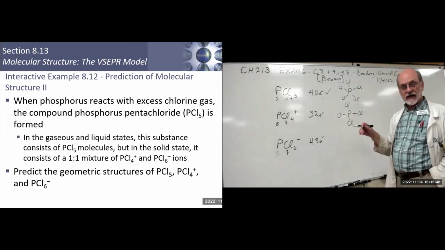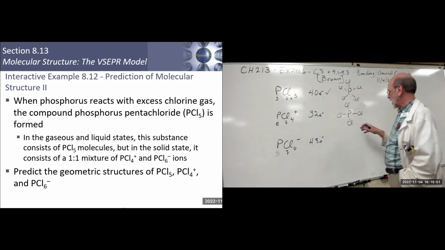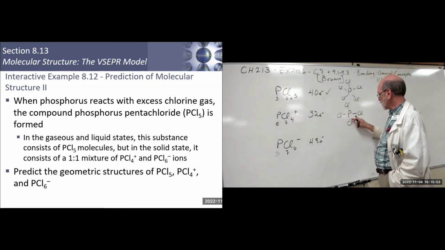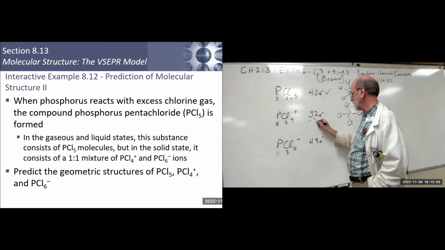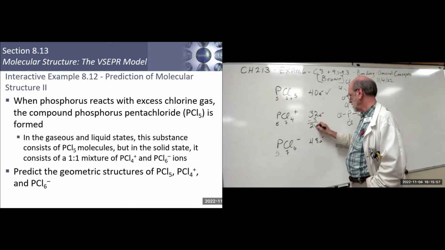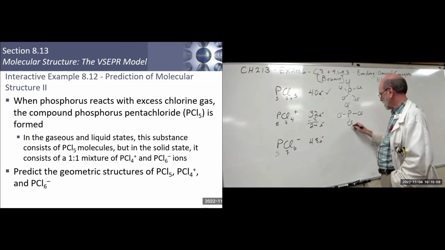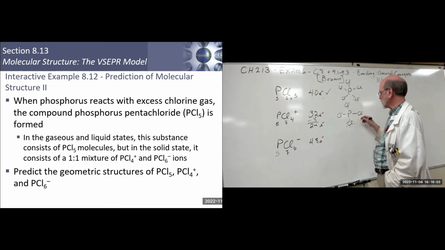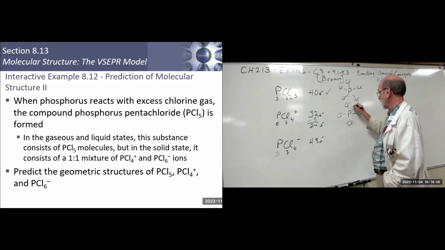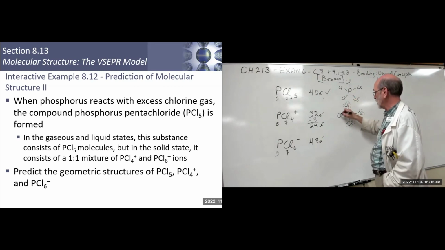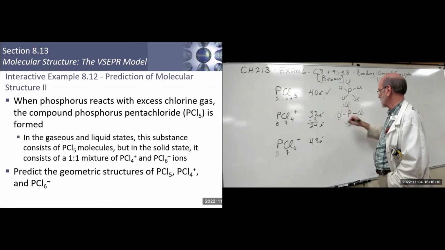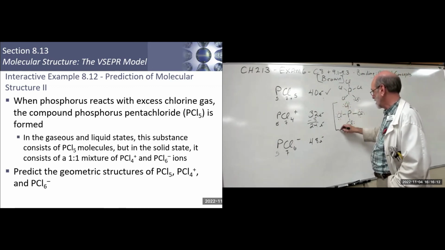We used up all the electrons. Okay, this one we've got 2, 4, 6, 8, 24 electrons. 2, 4, 6 times 4 is 24. So that uses up all of our electrons in this structure.